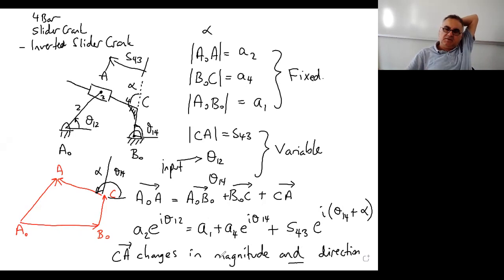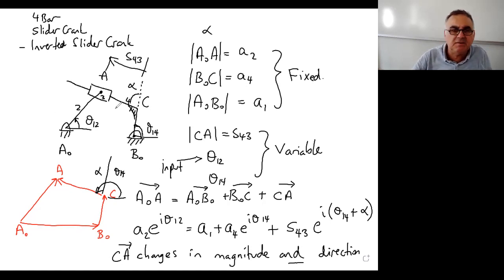The CA vector's magnitude changes because S43 changes, and its direction changes because theta 1, 4 changes, as you see. So this is a more complicated version of slider crank.